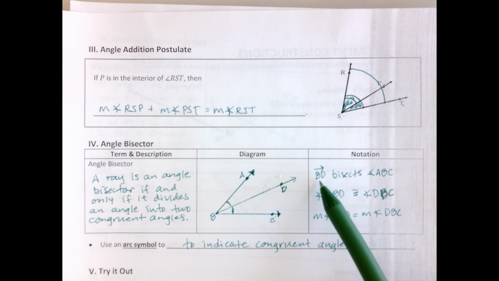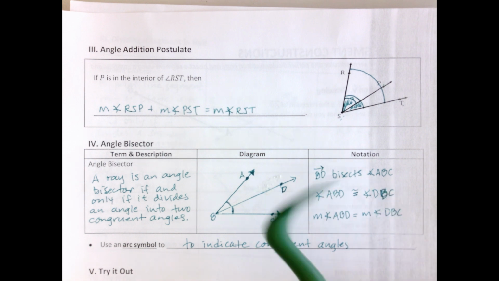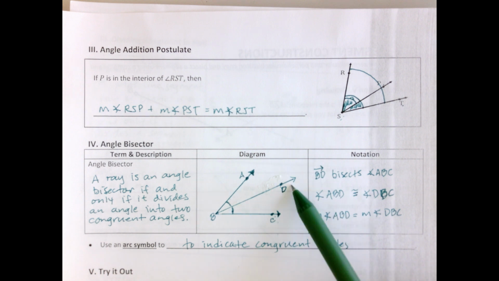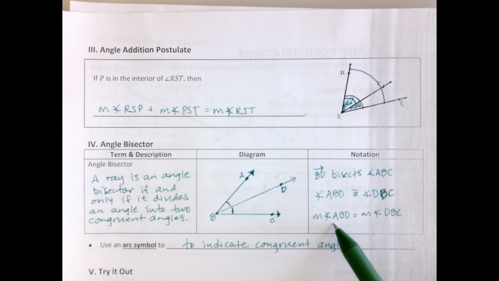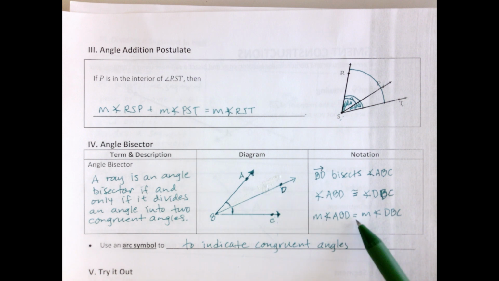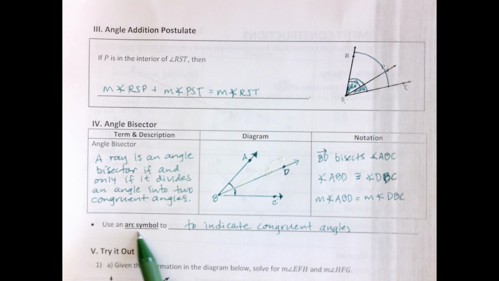So it says here, ray BD bisects angle ABC. Angle ABD is congruent to angle DBC. The measure of angle ABD is equal to the same number as the measure of angle DBC. And like I said, we use an arc symbol to indicate congruent angles.